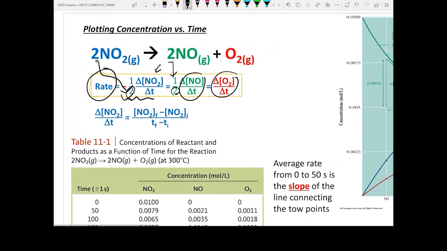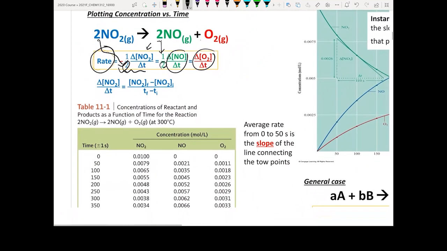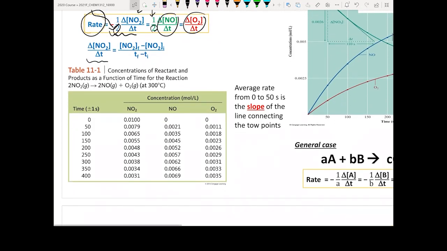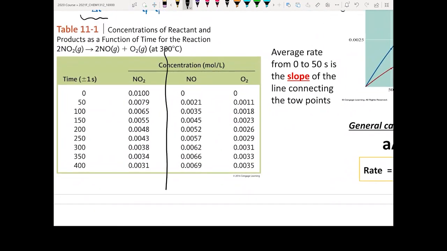With that concept in mind, let's talk about how we actually get this delta N over delta T. Experimentally, what we do is like this. Let me draw a line here because this is my reactant, and these two are my products. Initially, I just put these things in the container.